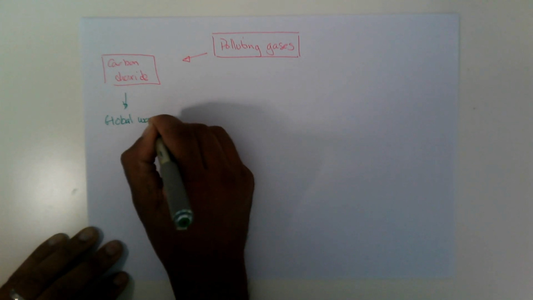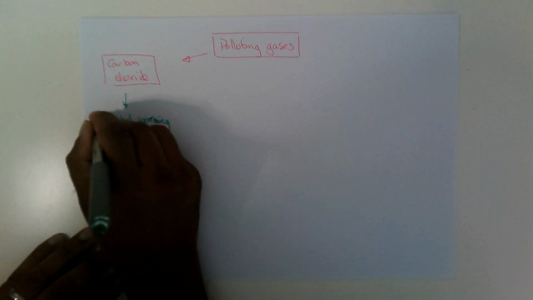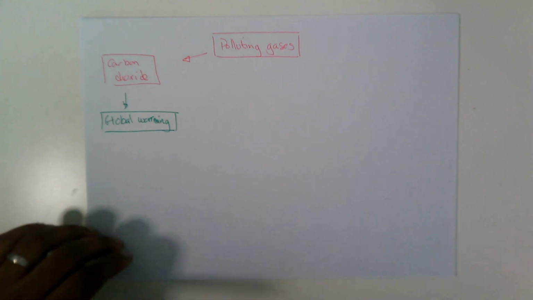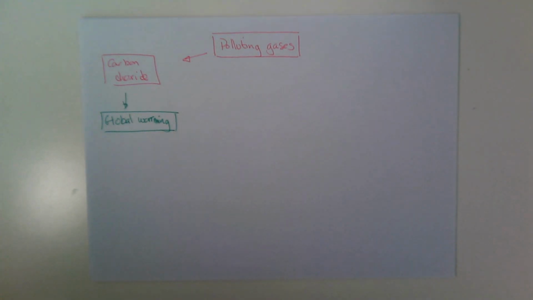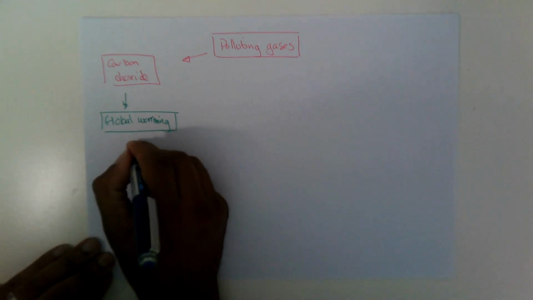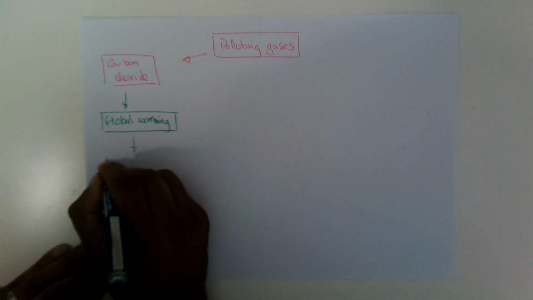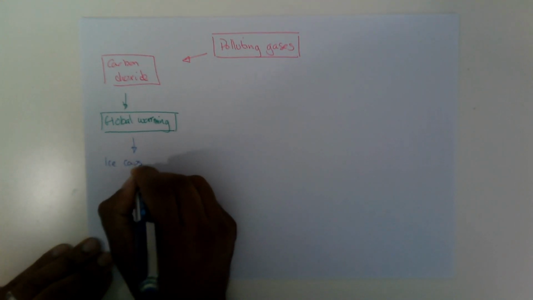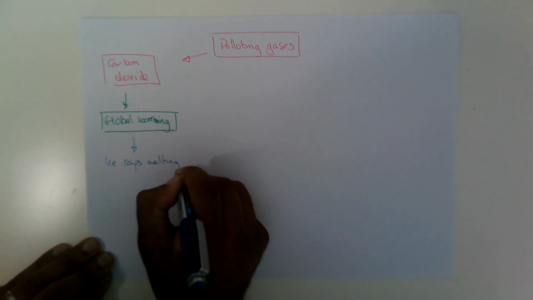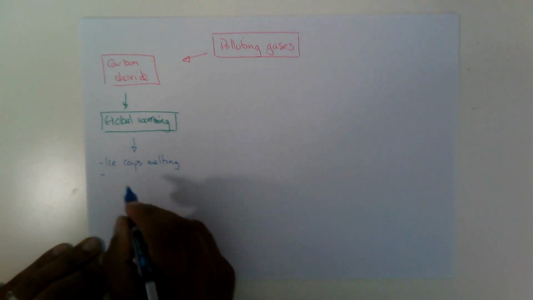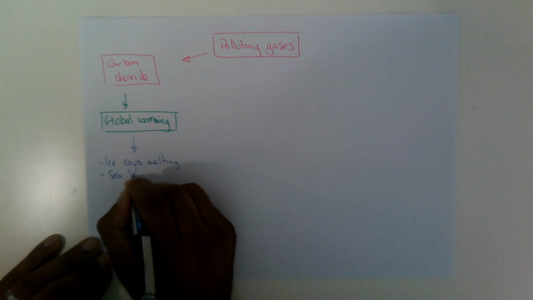I think most students are quite happy with that and understand the impacts of global warming in terms of sea level rising, ice caps melting, weird weather patterns and climate change. So we can talk about that as well: ice caps melting, sea level rising.